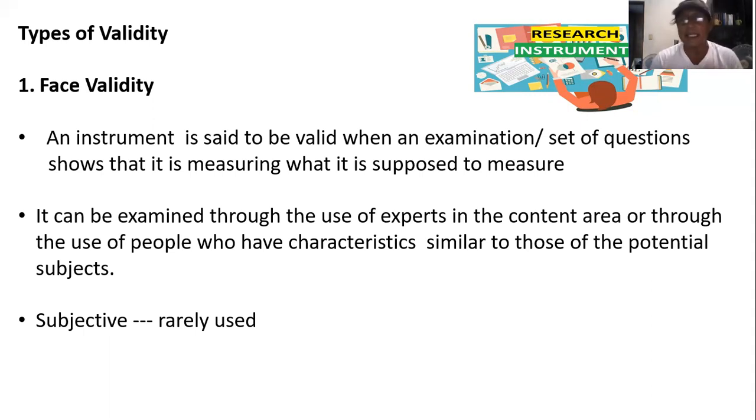So if you adapt an instrument from the previous study, be sure to get the permission. Yes, get the permission of the author through email. And be sure to cite the Cronbach's alpha index of such instrument. Yes, you heard it right. Cronbach's alpha. Spell out as Cronbach apostrophe S, then alpha index.